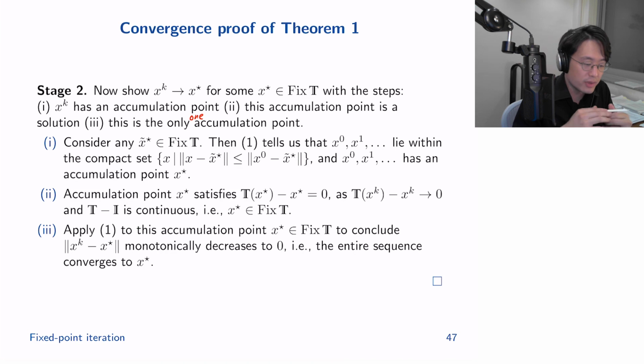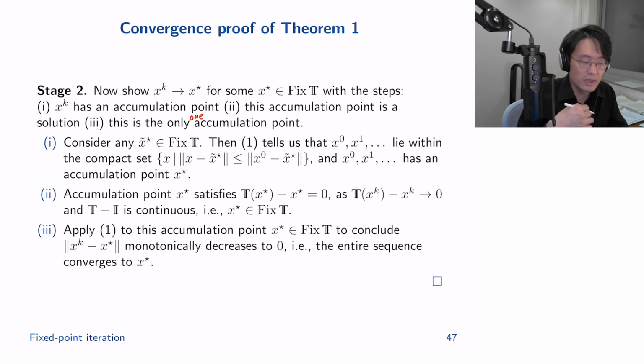In the next step, we call the accumulation point of our sequence x star, and we don't yet know whether it's a solution. So let's show that x star is in fact a fixed point in step number 2. The accumulation point x star satisfies this fixed point residual condition because, as we had previously shown, the fixed point residual converges to 0, and the operator T minus I is a continuous operator.